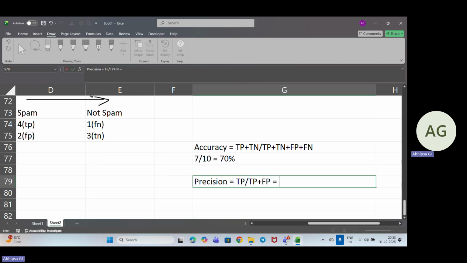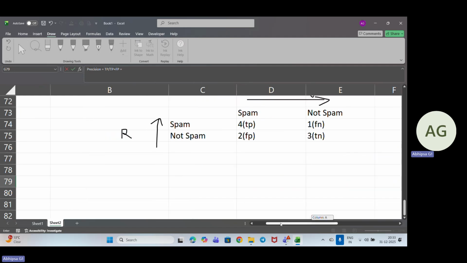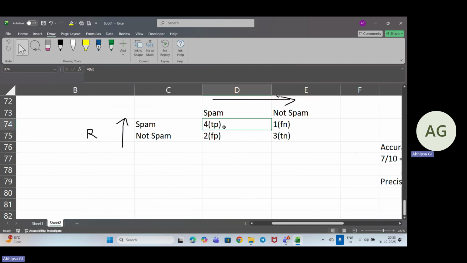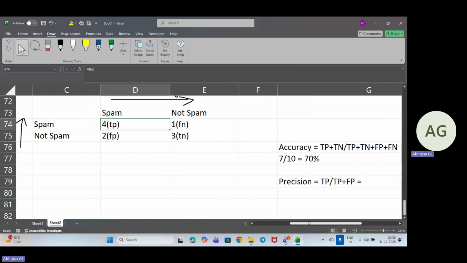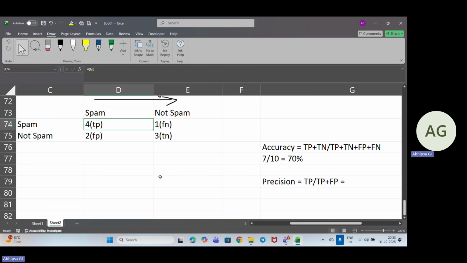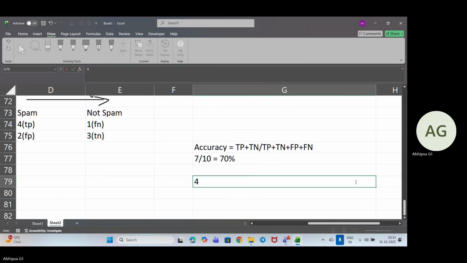Here you can see true positive is 4, and for true positive plus false positive, true positive is 4 and false positive is 2. So 4 plus 2, that is 6, that is 4 divided by 6, which gives us around 66.7%.